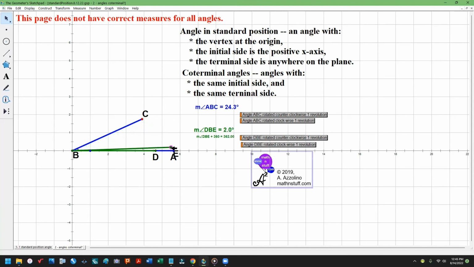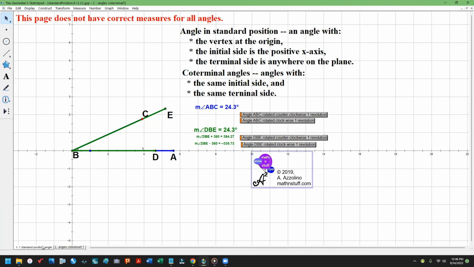If instead I went up to the angle and then went a clockwise rotation, that's all negative, I would end up with an angle that is negative and it doesn't get all the way to 360.